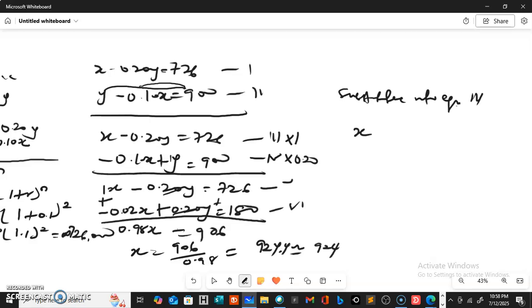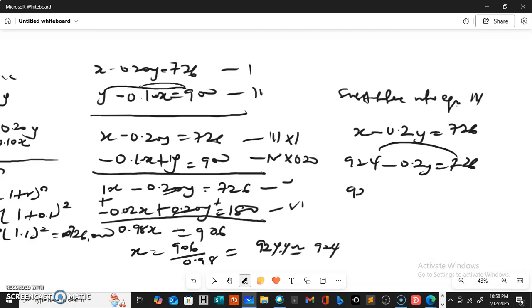So x minus 0.2y equals 726, okay? So our x here is 924. 924 minus 0.2y equals 726. So when 726 comes down here, it becomes minus. So 924 minus 726 equals 0.2y, okay?